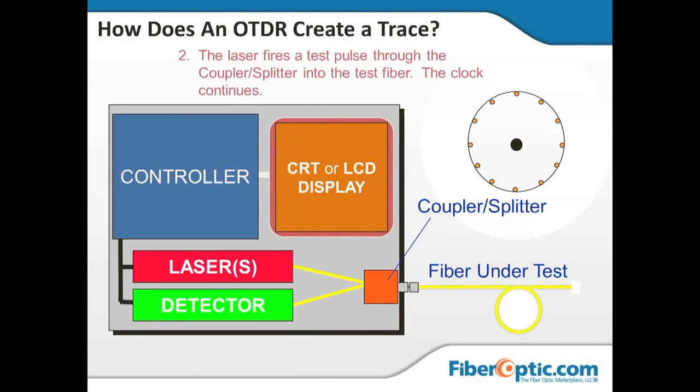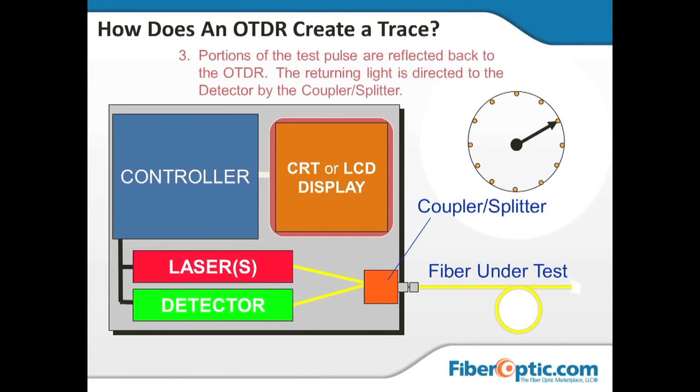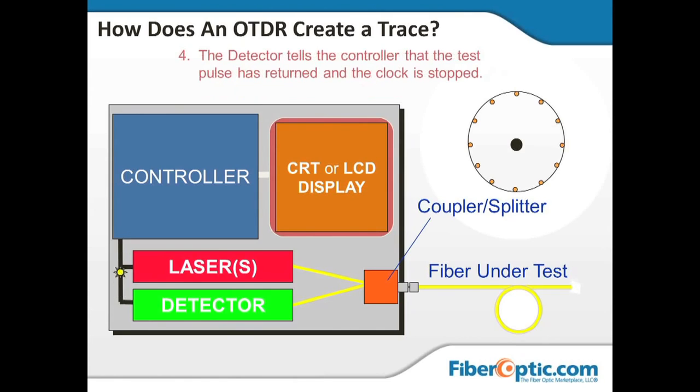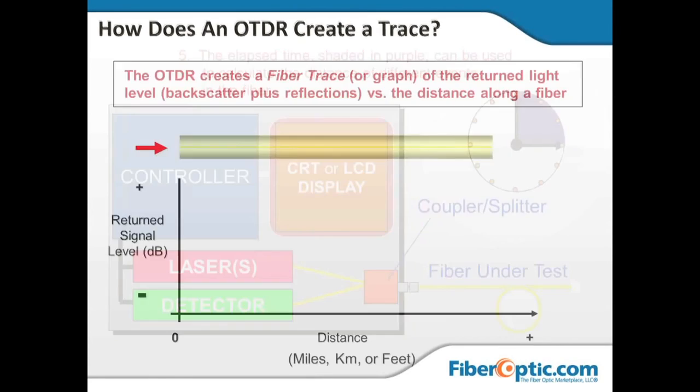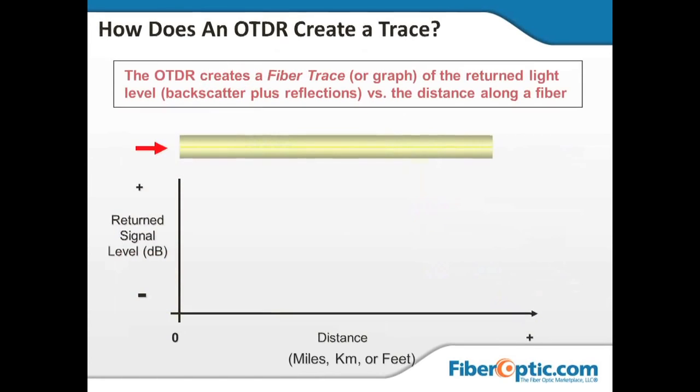The clock is now ticking, and the return, whether it's from backscatter, ends of line, or whatever, is going to come back in, go through the detector, and then the detector is going to send a signal up to the controller saying stop the clock. And then we're going to look at the elapsed time and the amount of reflection, and from that, the OTDR is going to start plotting points.